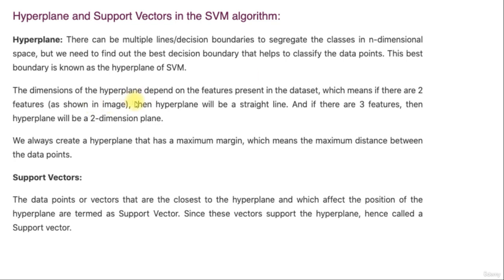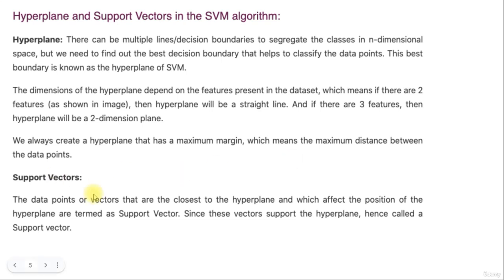The dimensions of a hyperplane depend on the features present in the dataset, which means if there are two features present in the dataset, then the hyperplane will be a straight line, and if three features are present, then the hyperplane will be a two-dimensional plane. We always create a hyperplane that has a maximum margin, which means the maximum distance between the data points, so it can separate the data points very clearly, and we want the best fit hyperplane.